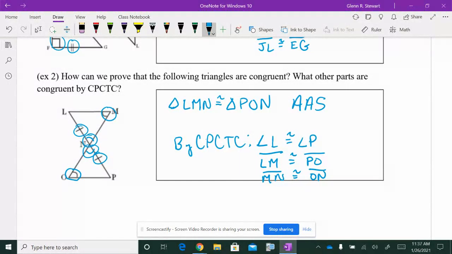Again, we only use CPCTC after we've proven the triangle is congruent by one of the shortcuts, and we have to name another side or another angle that's congruent that we haven't yet named.